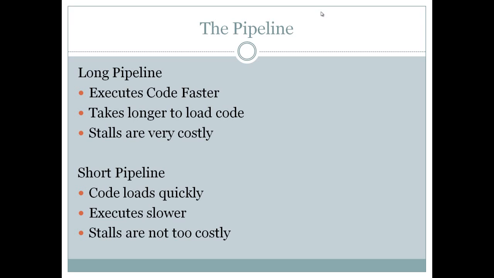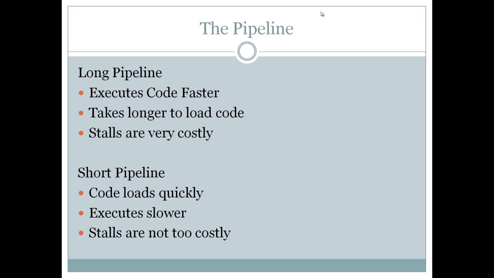And what a stall is, if you saw the stall comment earlier on the in-order processor, stalls are when the pipeline gets empty. That happens when you get a cache miss, which is when the requisite data was not in the cache, and it had to go look for it in the slower memories, and your processor ends up being idle because it can't keep fed, so it has to stop working.